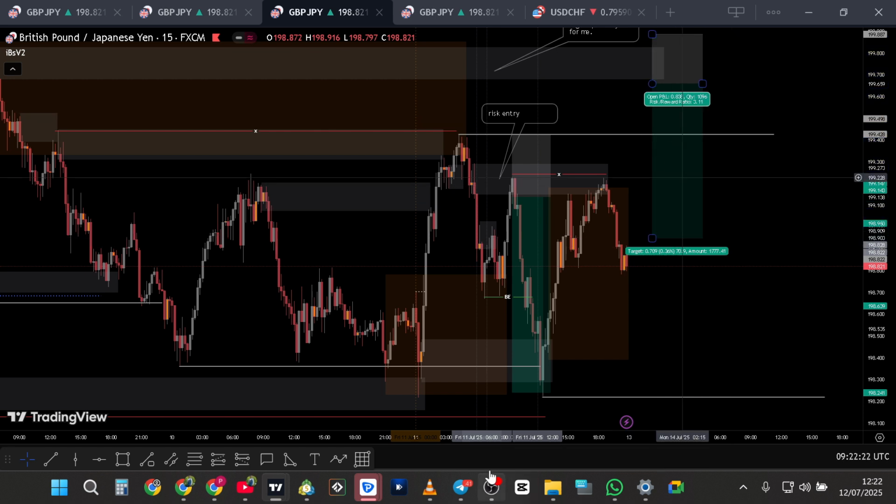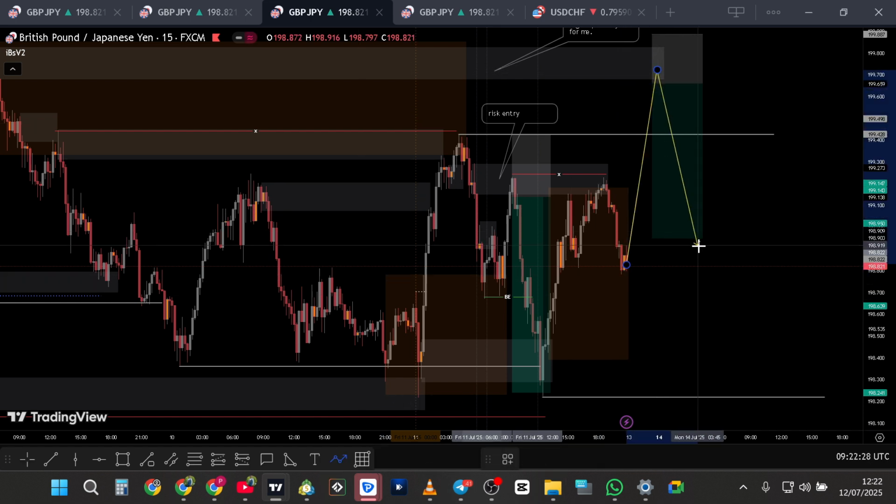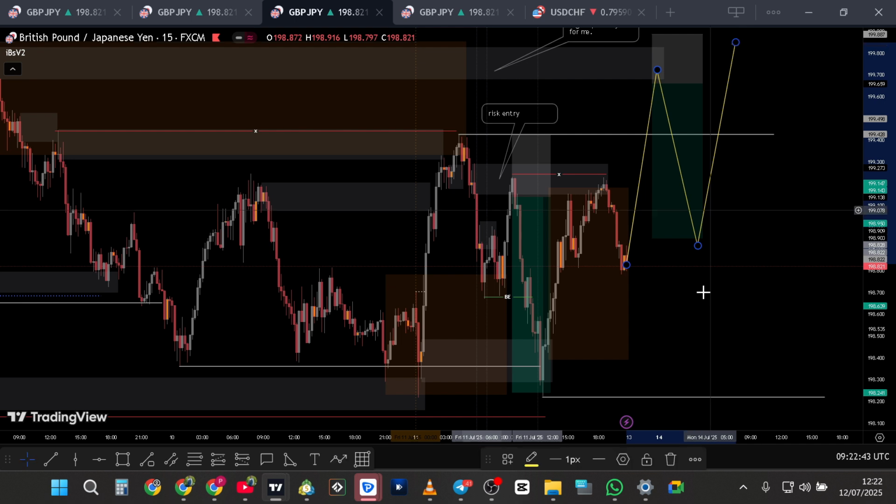And maybe say it reacts from there and then comes up, then I'll just take advantage maybe to any of the demands that will be left around there, remembering the fact that we are reacting from this demand before we continue to the upside. So I think that will just be all for GJ, and that is what I'll be focusing on.